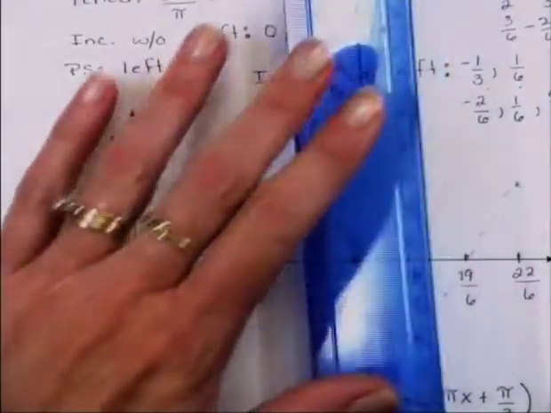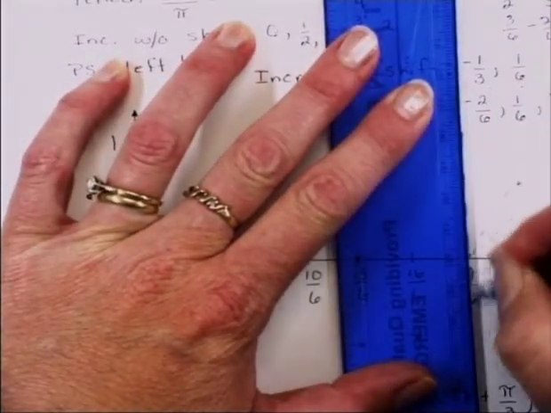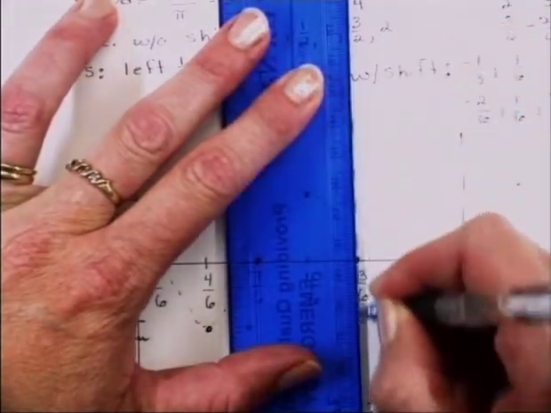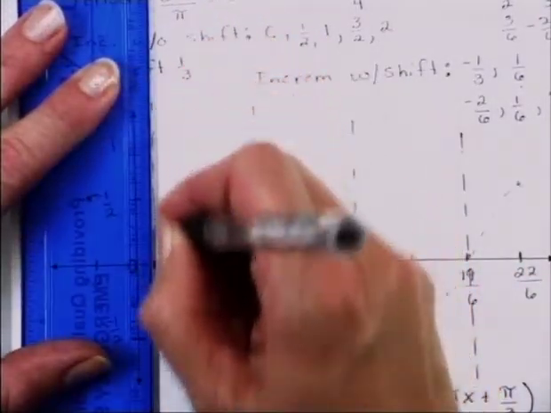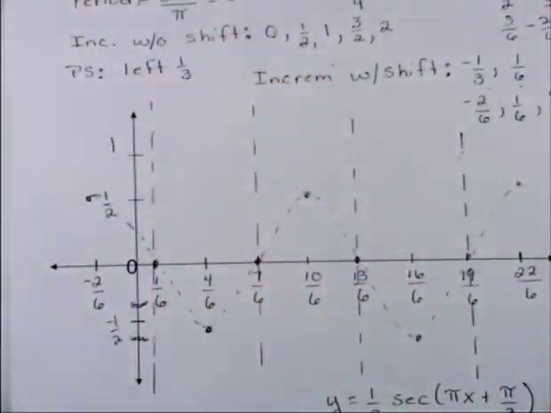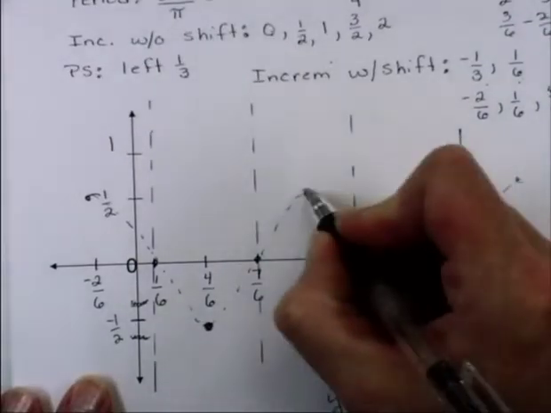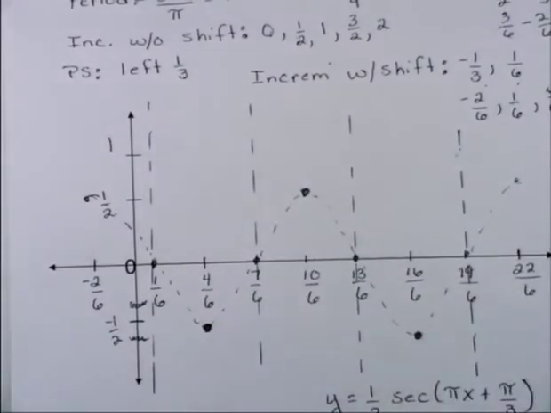Put your asymptotes in everywhere there's an x-intercept. And remember these minimums and maximums are going to become the vertices of those parts of your secant function.